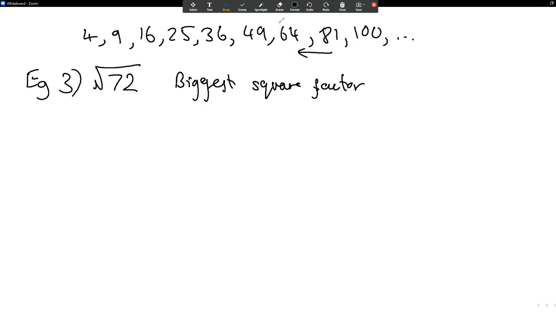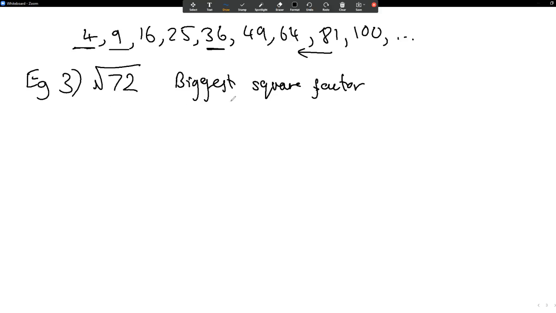Well, 64 doesn't, 49 doesn't, but 36 does. In fact, so does 4. Right? And so does 9. So we have these 3 factors that go into 72.